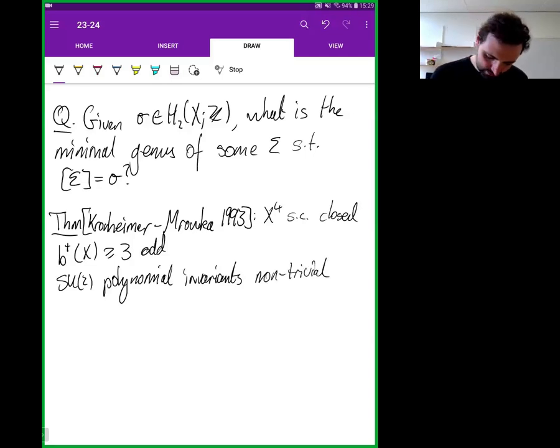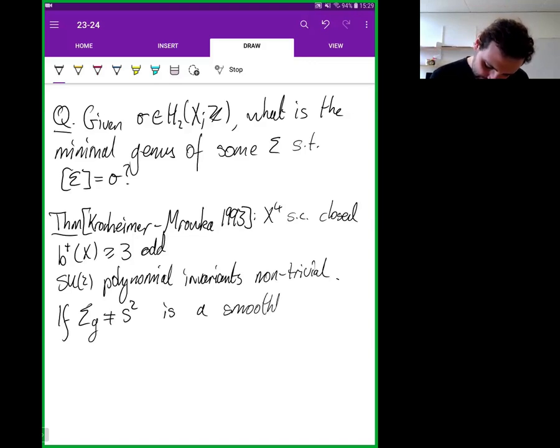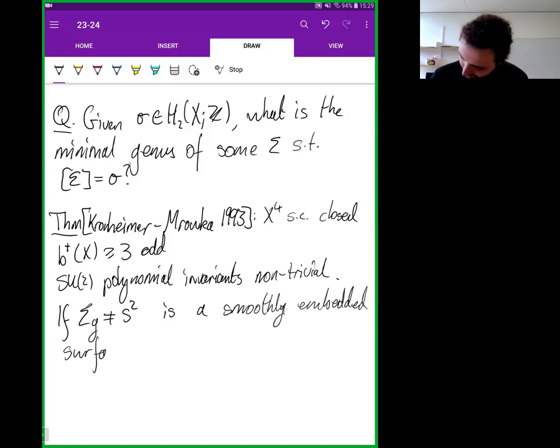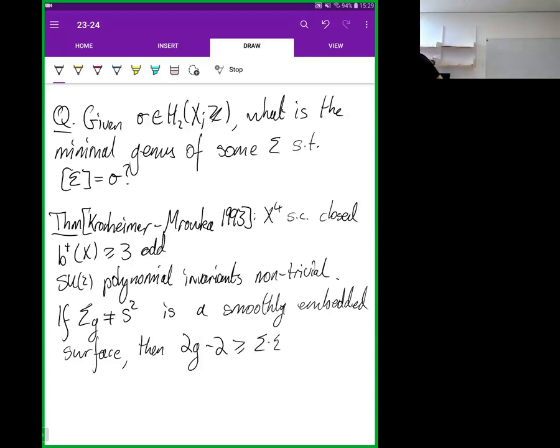And then if sigma_g, not equal to S^2, is a smoothly embedded surface, then 2g minus 2, so the Euler characteristic, is bigger than the intersection number.